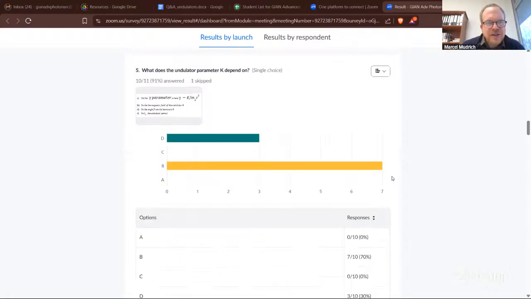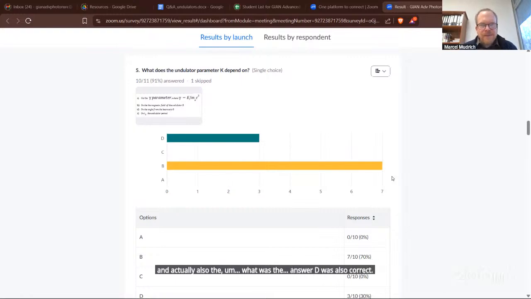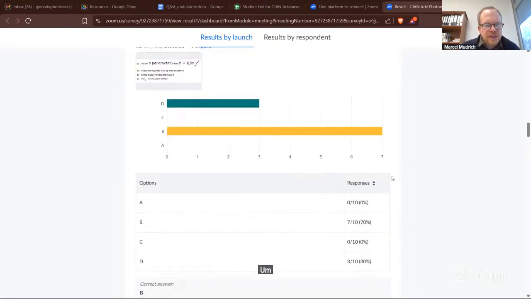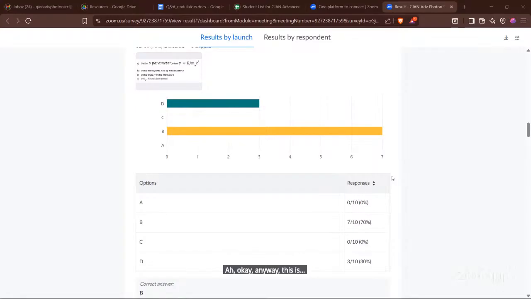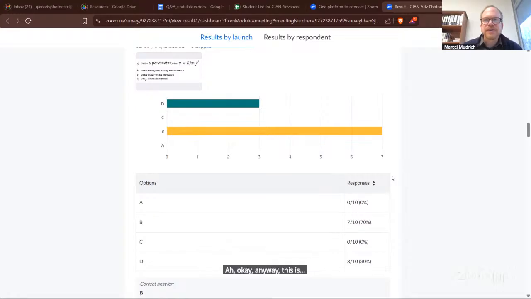And answer D was also correct: the undulator period, lambda U. Yes, the undulator wavelength is also correct.